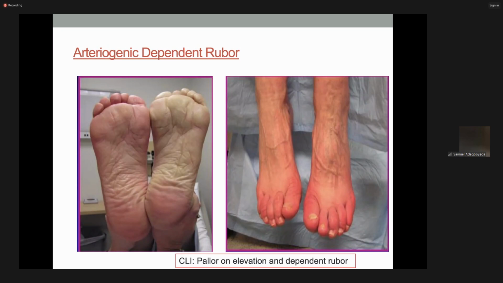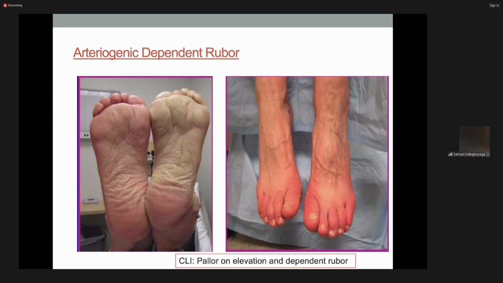What about a patient when you put it down, you have that dependent rubor that takes about 20 seconds to come back. Is that venous or arterial? Arterial. What if you have a patient that when you elevate the leg is completely pale, you put it down, it's very, very red, also called a sunburst effect.